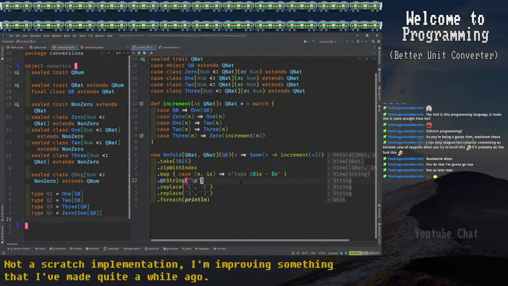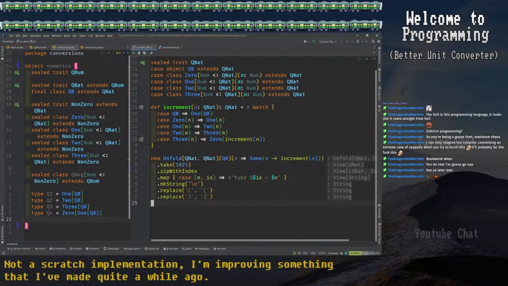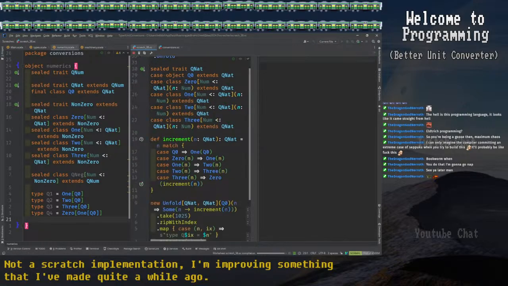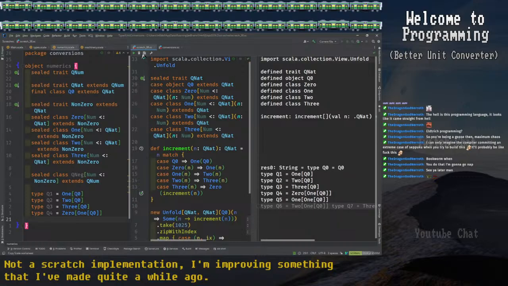Right, because I did make string, didn't I? Fun. How do I print this then? Output exceeds cutoff limit. How do I run this?